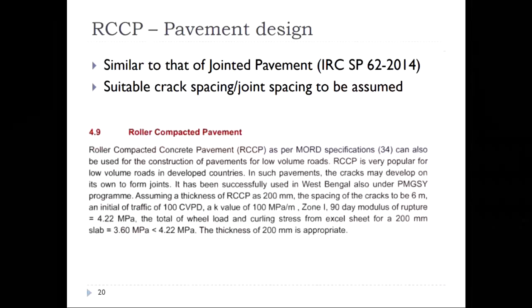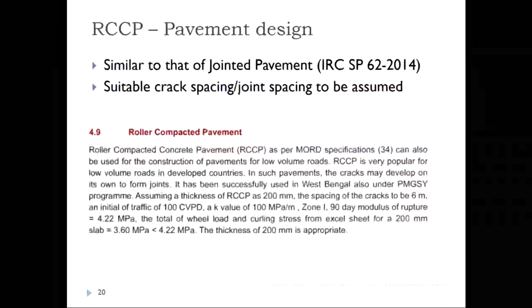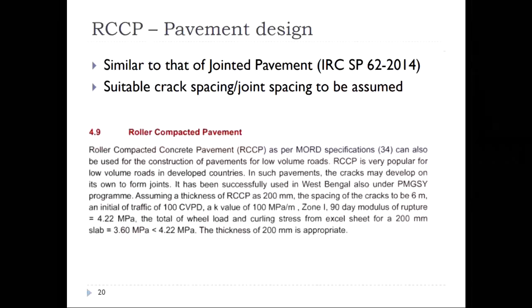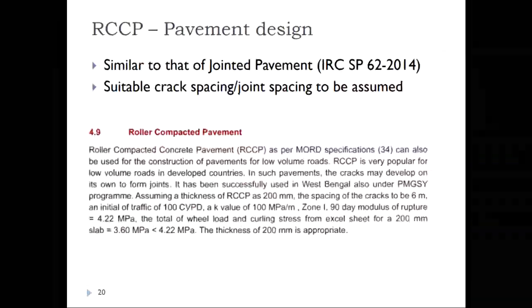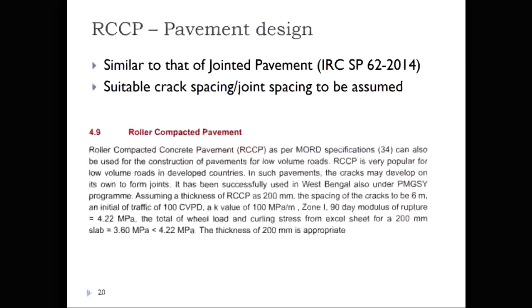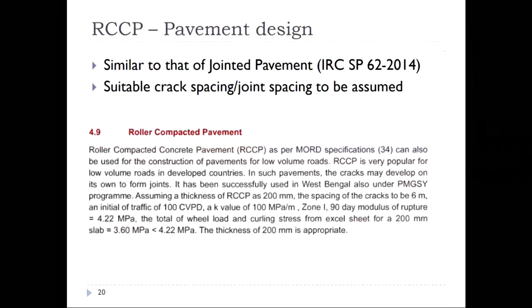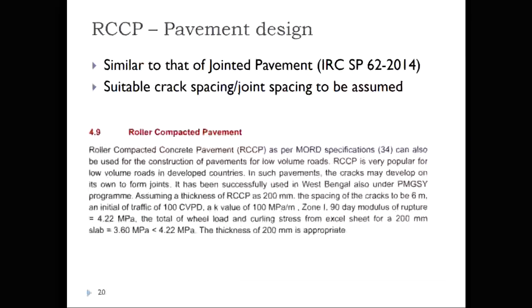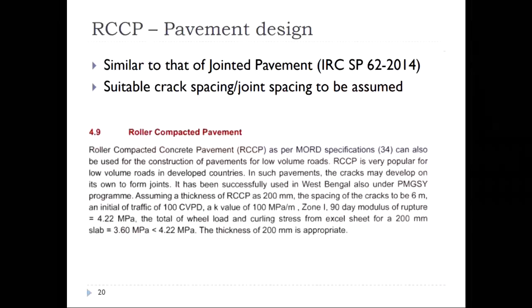They have actually given a sample calculation. Although this thickness does not sound that logical, they have worked it out for a design traffic of 100 CVPD, and for a slab resting on a modulus of subgrade reaction of 100 MPa per meter, a thickness of 200 mm is found to be appropriate.